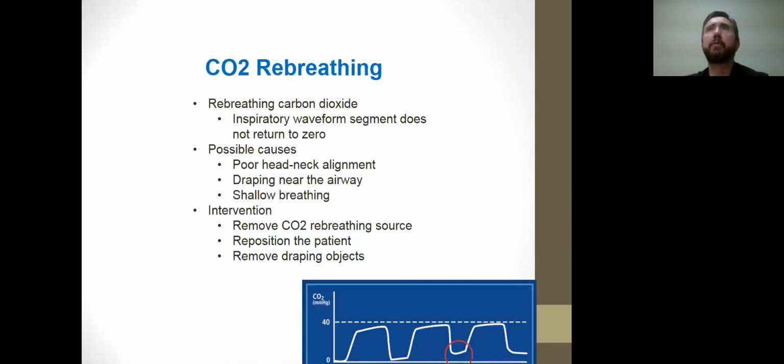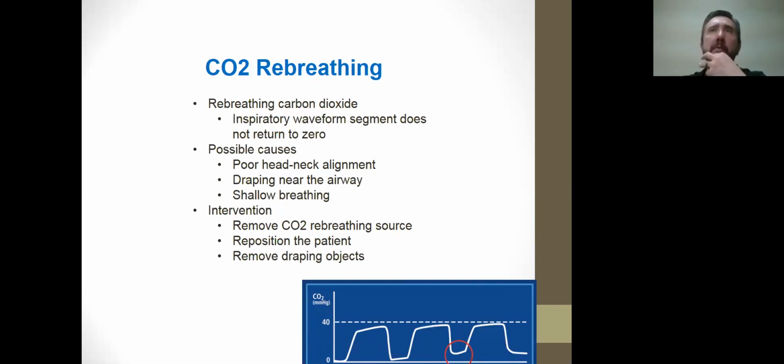Now, CO2 rebreathing. If the patient is rebreathing previously exhaled CO2, the end-tidal CO2 value is going to increase, and the baseline is elevated, as you see in the picture there. So the waveform will not return to zero at the end of inspiration.